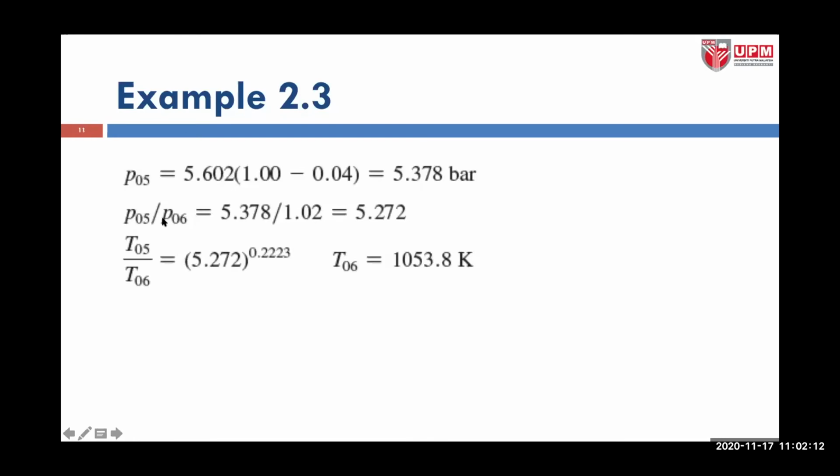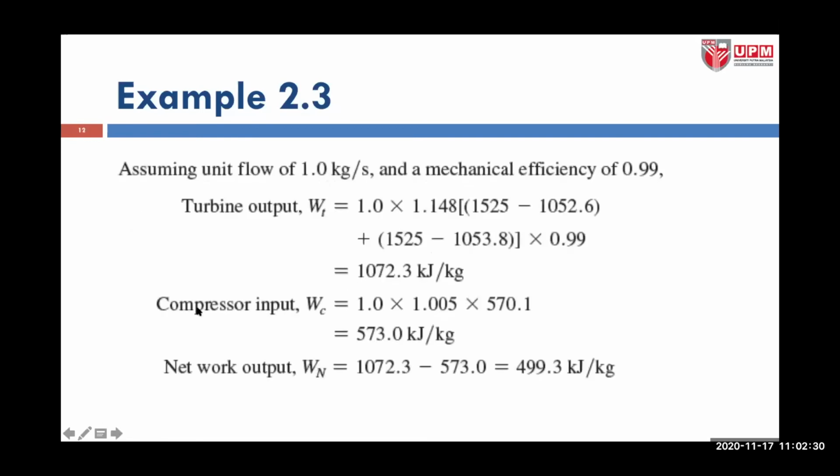To continue, you will then calculate PO5 and then get the pressure ratio PO5 over PO6, and then get the corresponding temperature ratio of TO5 to TO6 and obtain the value of TO6. Assuming a unit flow of 1 kilogram per second and a mechanical efficiency zeta m of 0.99, you will get the turbine output to be this value, and the compressor input WC to be this value.